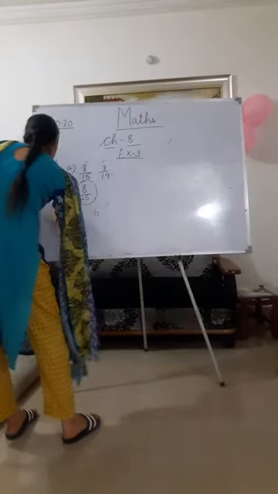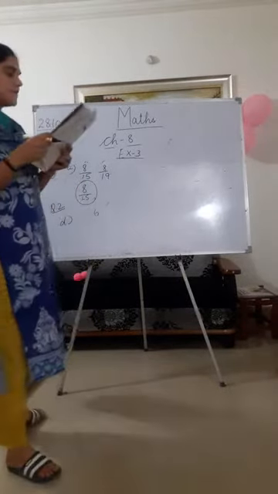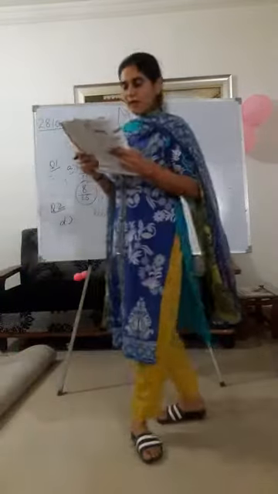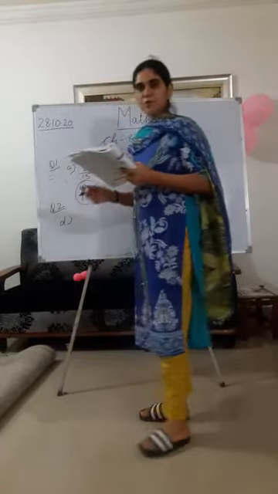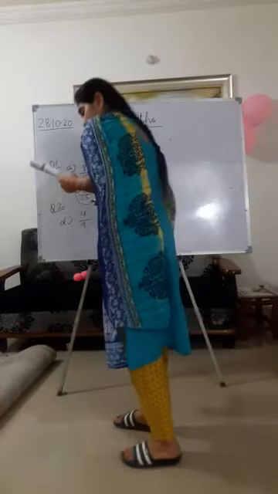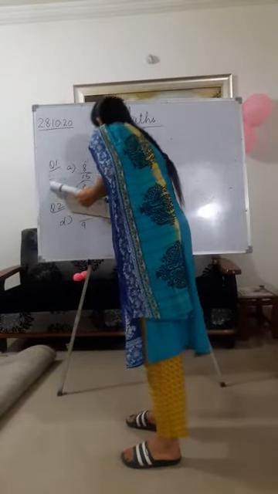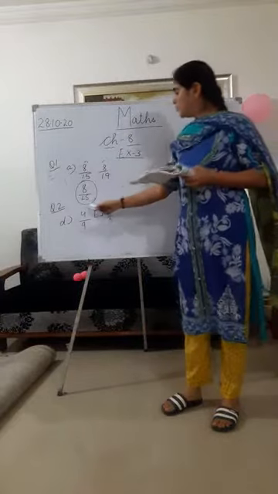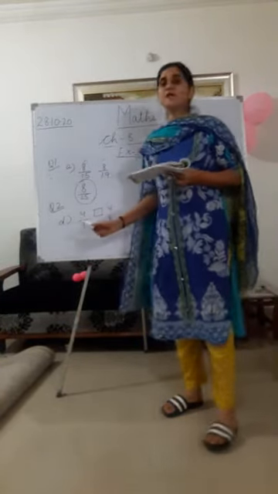Next, question number 2, D part. Use greater than, less than or equal to. Okay, in this question number 2, D part, it is given 4 upon 9 and 4 upon 8. Here also numerators are same. Then what will we compare? We will compare the denominators.